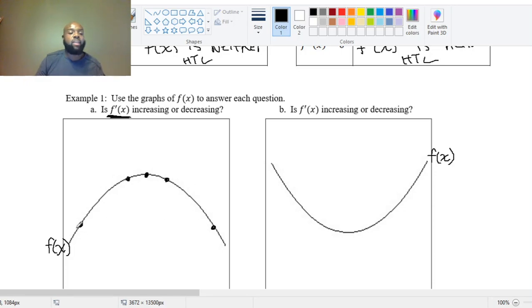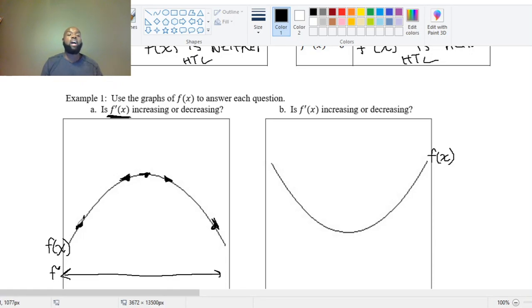All right, I'm going to draw some tangent lines at these points. So we have horizontal right there. If I want to know what's happening to my first derivative, I'm going to do an f prime line. All right. This is a slope of a line, right?